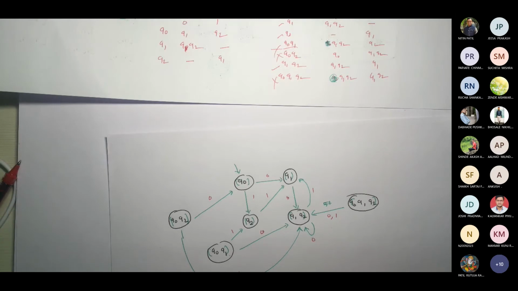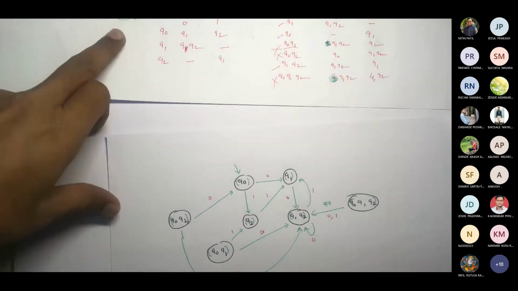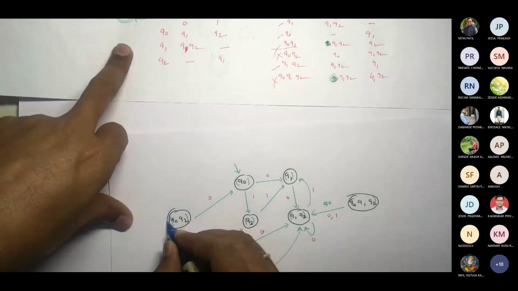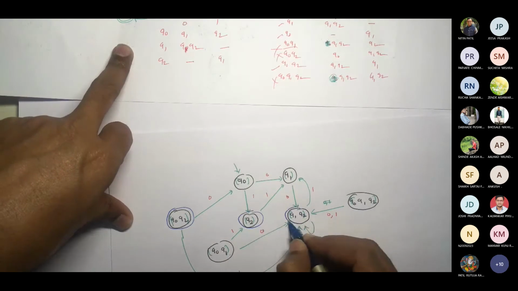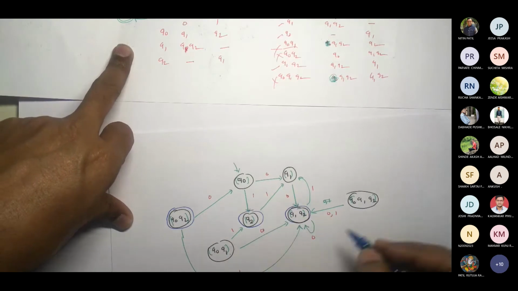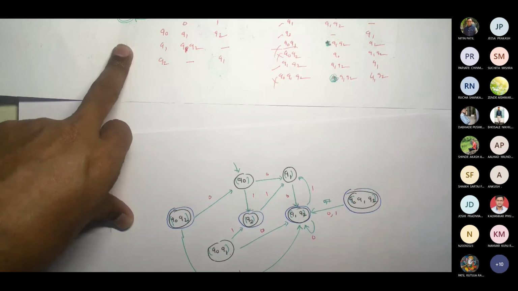Check it and let me know. Is this okay? Let me draw the final states too. Which was the final state? Q2. So Q0, Q2, this one is final, this one is final, and this one is final.